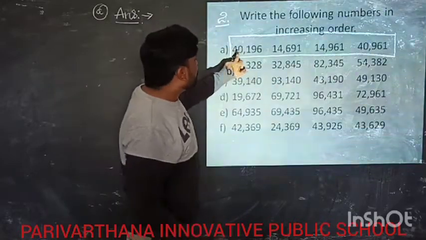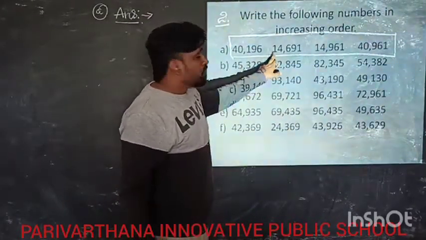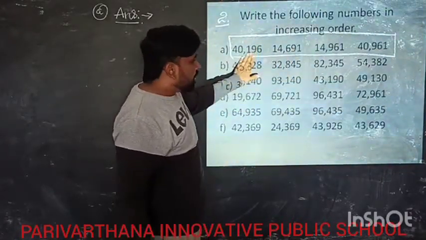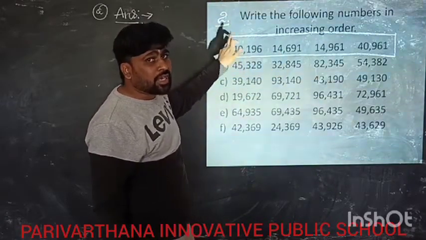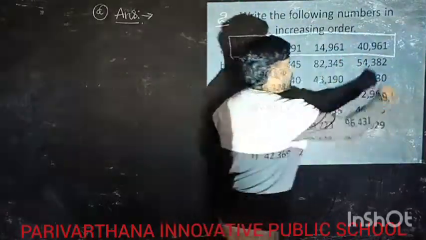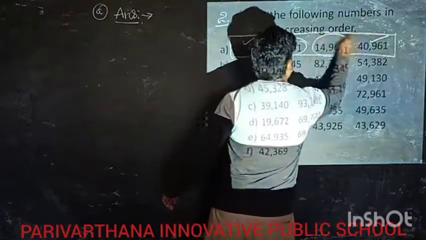Then come to the 10,000 place, it is 4. Here 1. That means comparing the first number and the second number, the first number is big compared to the second number, because the 10,000 place contains 4. Here 1, here 1, here 4. These two numbers are big compared with these two.